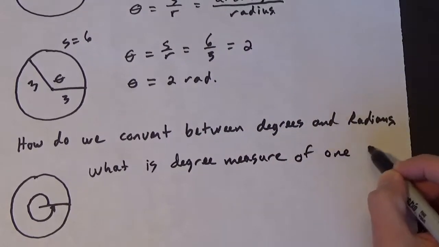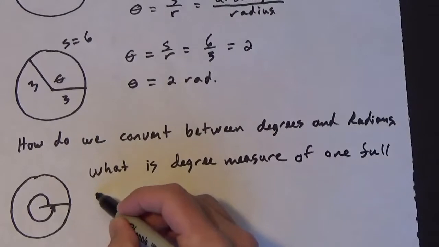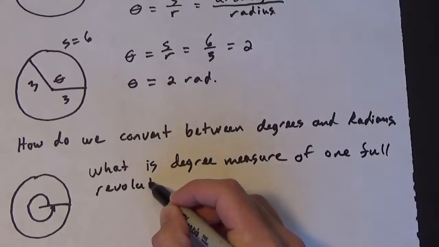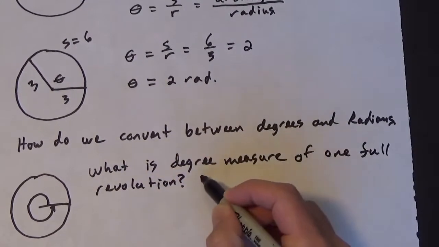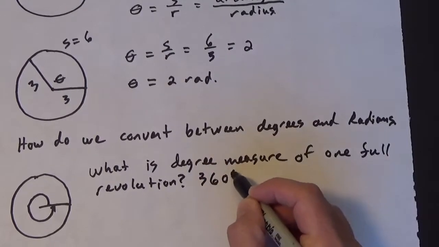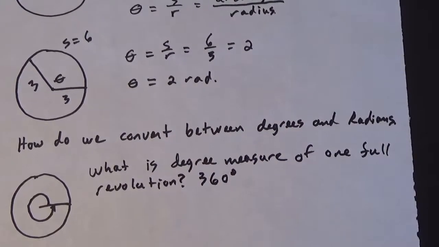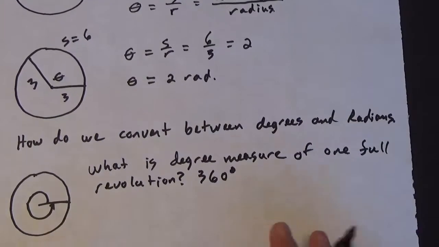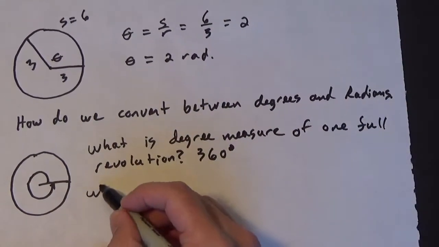Most of you probably automatically said 360 degrees. That's pretty common knowledge by now. Our next question is, what is the radian measure of one full revolution?